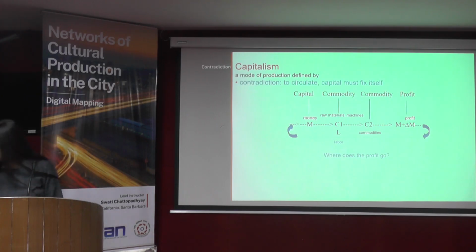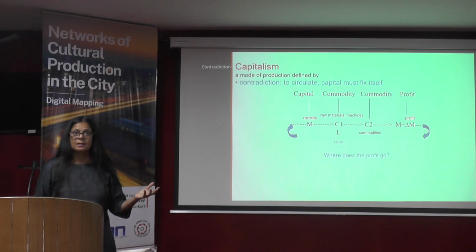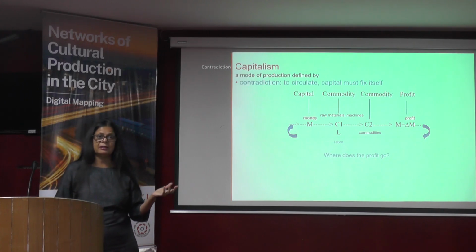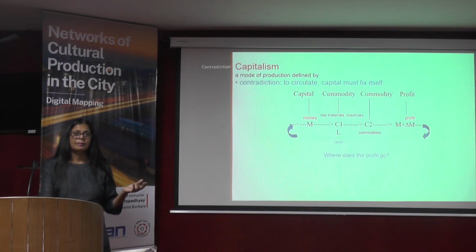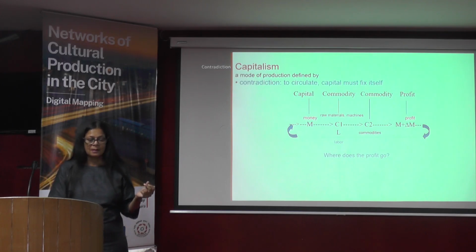And primitive accumulation is, where do you get that initial M from, right? Where does one get the initial M from? You want to start a factory in the early 19th century, where do you get money from? Where do you get the capital from? Either through inheritance or through bank loans, financial institutions.